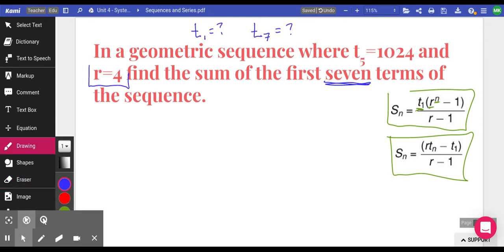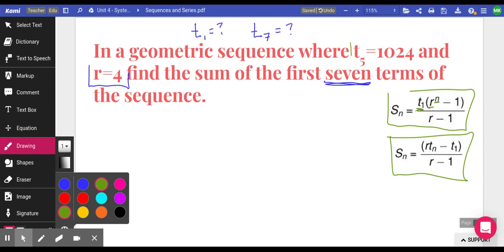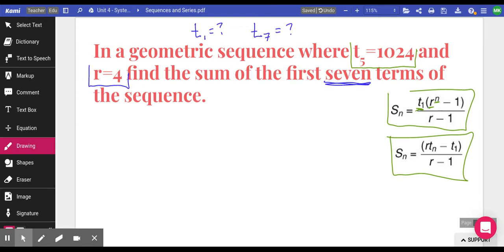The strategy I would utilize is realizing they gave you some info here. They gave you T of 5, kind of like a random term. So what I would do is go to our term formula, which said T of n equals the first term times r to the power of n minus 1. And if I fill everything into that except for T of 1, I should be able to calculate this. So T of 5 is 1024.